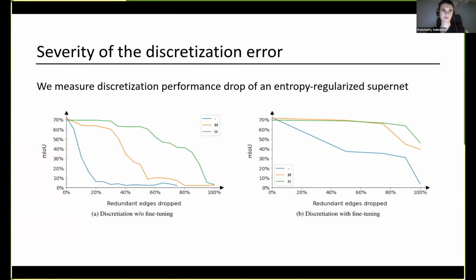In an ideal scenario, if our supernet has zero entropy architecture, then we wouldn't see any performance drop. But in this case, we actually observe a sudden performance drop. Additionally, we also observe that it's correlated with the entropy of the architecture of a supernet.